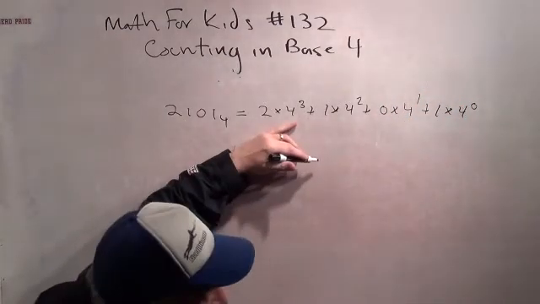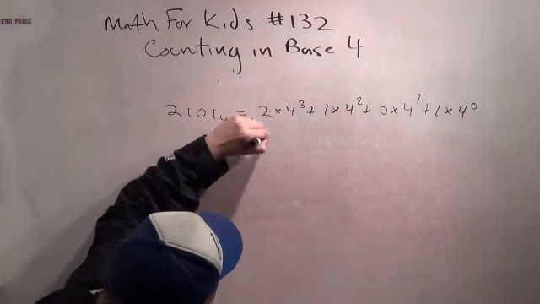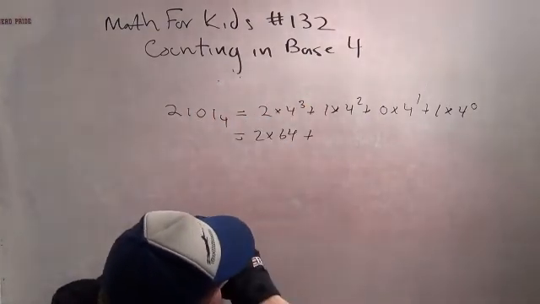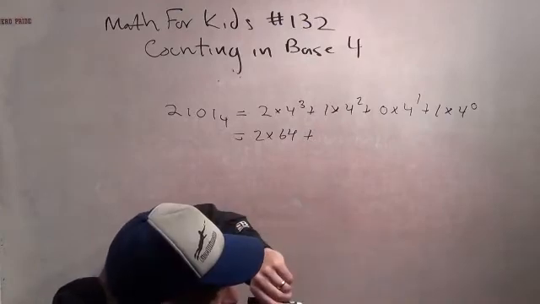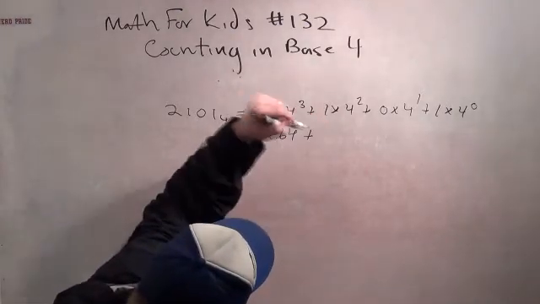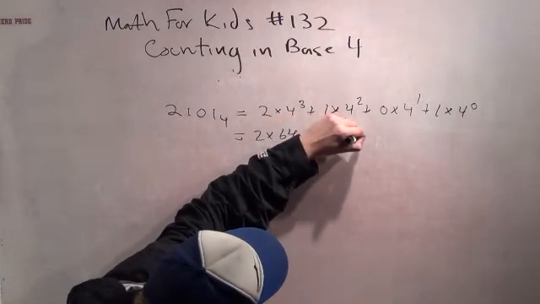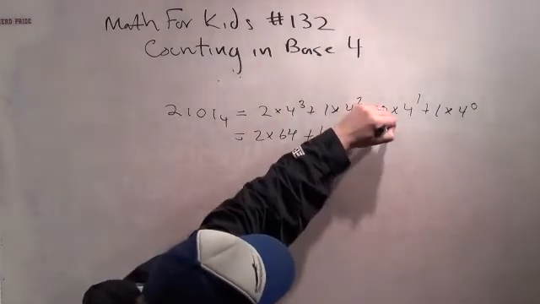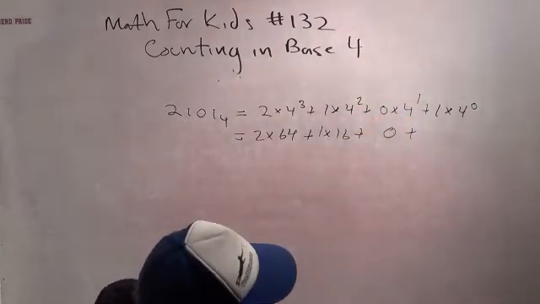What is 4 cubed? It's 64. So this is 2 times 64 plus 1 times 4 squared. What's 4 squared? 16. Plus 1 times 16. What's 0 times 4 to the 1? It's 0. And what's 1 times 4 to the 0? It's 1.